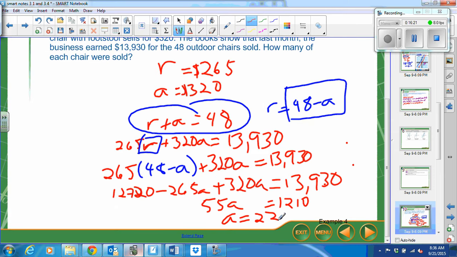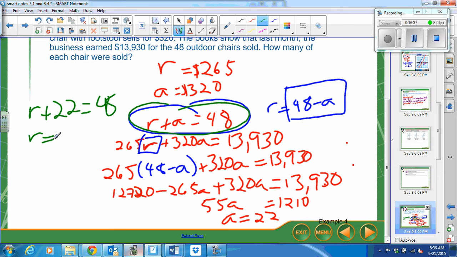So they must have sold 22 Adirondack chairs, and then you go back and substitute that into the easier of the equations, which is definitely that one. And so you get R plus 22 equals 48. So they must have sold 26 rocking chairs.